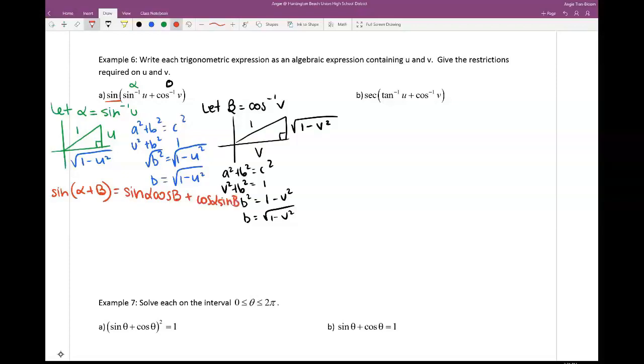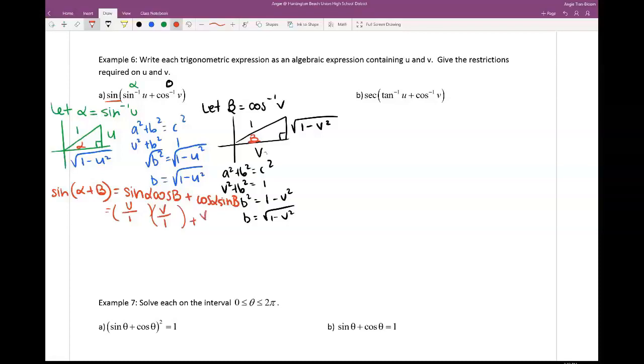Well, I have alpha. Alpha is this one, and I have beta. Beta is this one. But now I just have to plug it in. Okay. So sine of alpha is, sine is opposite over hypotenuse. Cosine of beta is, beta is over here, so cosine is adjacent over hypotenuse, plus cosine of alpha.